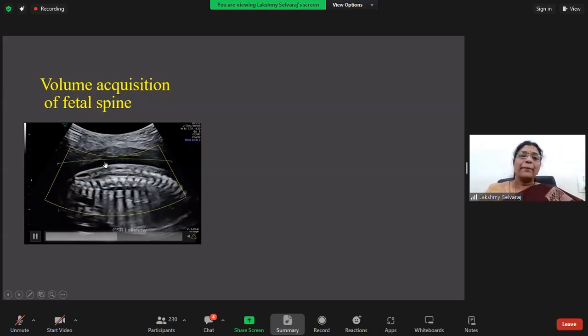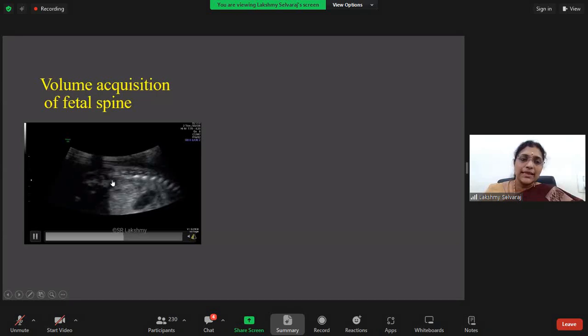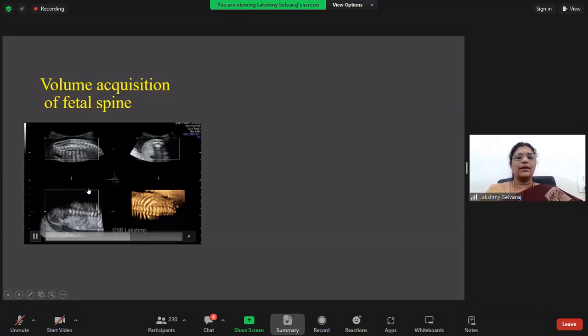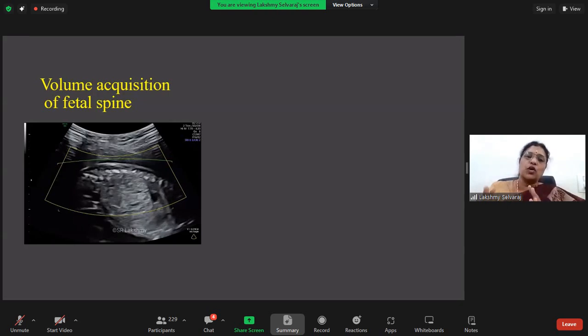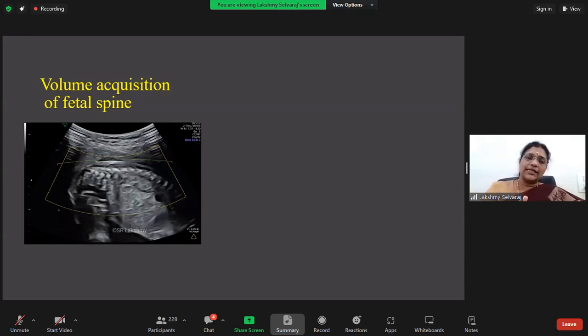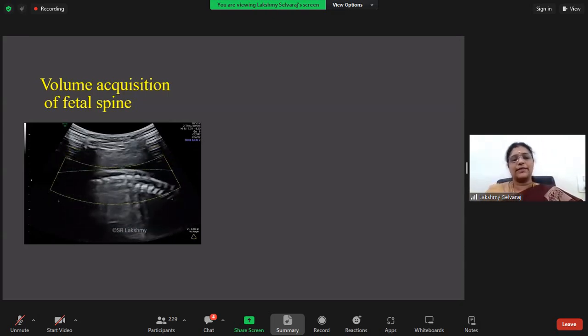So you see now, I'm placing the volume box, seeing the conus, and then acquiring the lumbosacral portion. The entire spine cannot be acquired in a single volume, and hence we take 2 volumes, one, the cervicothoracic spine, and the next is the lumbosacral spine.